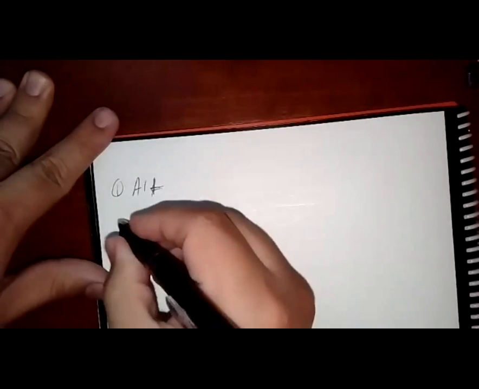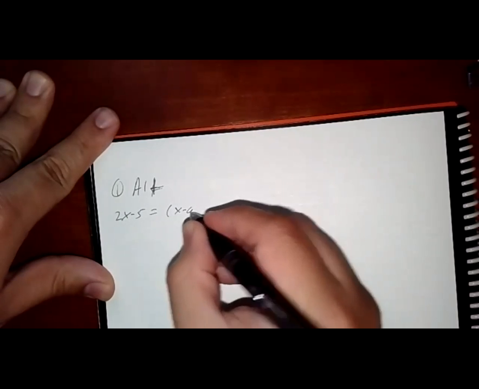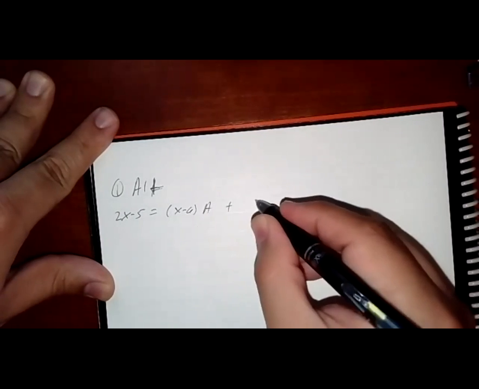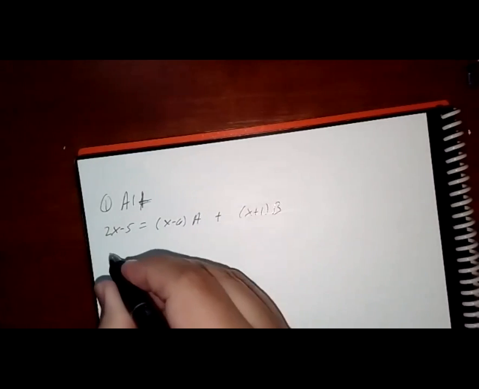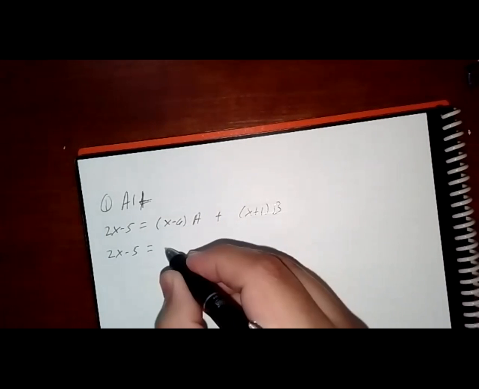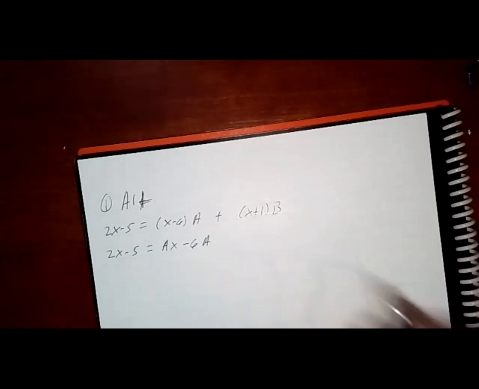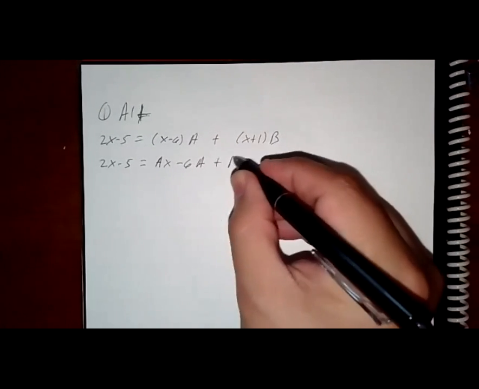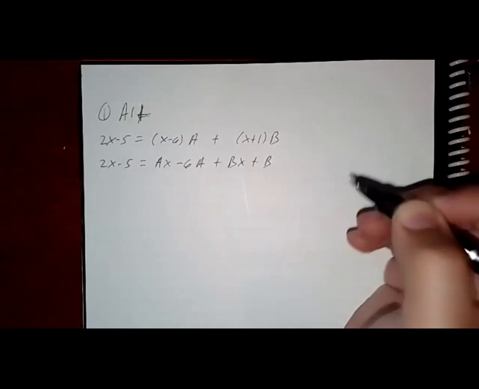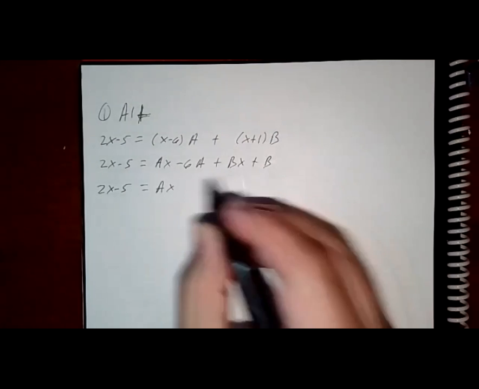Yeah. x minus 6 times a plus x plus 1 times b, I believe. Let me double check. Yes. So doing it the other way, this would be ax minus 6a plus bx plus b. Okay, and then we group all the ones that are the same.